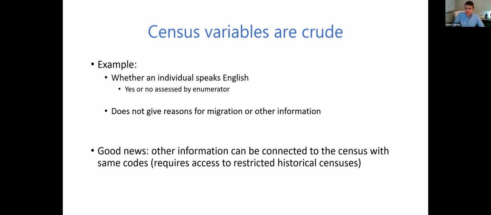However, speaking English is obviously an important indicator of immigrant assimilation. Other issues with the census are that they don't give reasons for migration. For instance, if we're interested in whether you're a refugee or not, we don't know that from censuses because the census doesn't ask that question. So we're limited by that information.